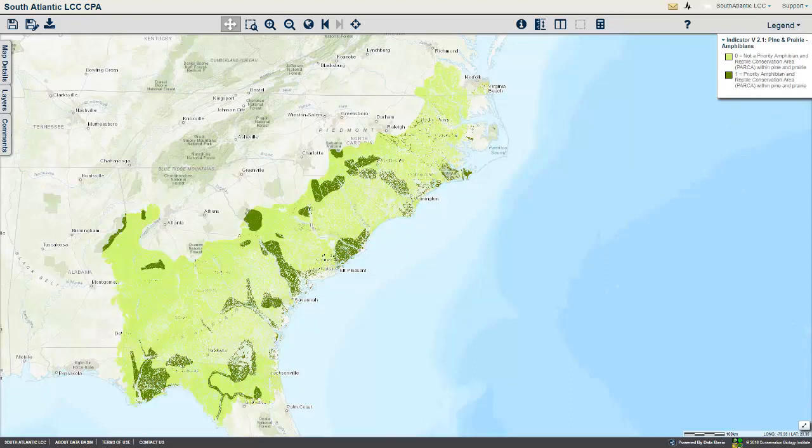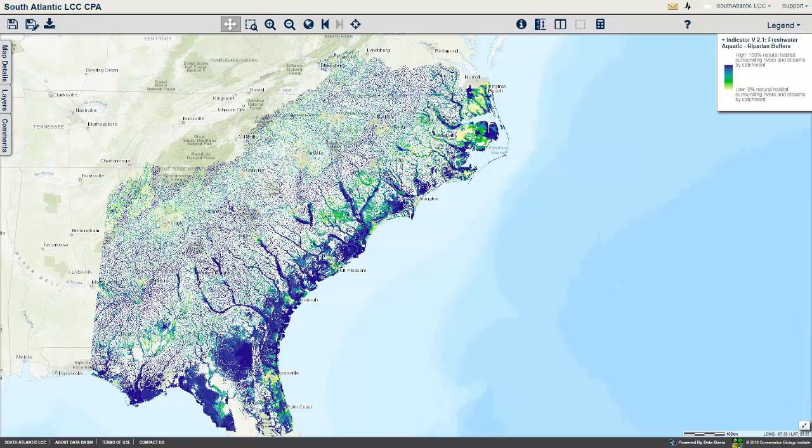Pine and prairie amphibians draws from the designated Priority Amphibian and Reptile Conservation Areas, or PARCAs, within the ecosystem. Now on to the cross-ecosystem indicators, remembering that we're only using the portion of the indicator within pine and prairie.